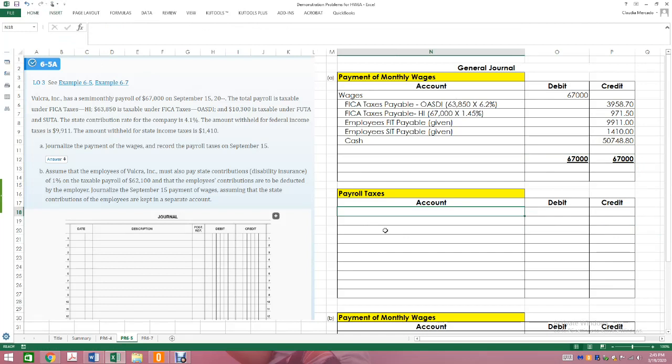Now we have to do our payroll entries. Okay. What is the employer responsible to pay in taxes? Well, the employer has to pay FICA taxes. Okay, before we do that, these are my payroll taxes. We're going to fill that in later. Okay, and then I'm going to put my FICA taxes payable.